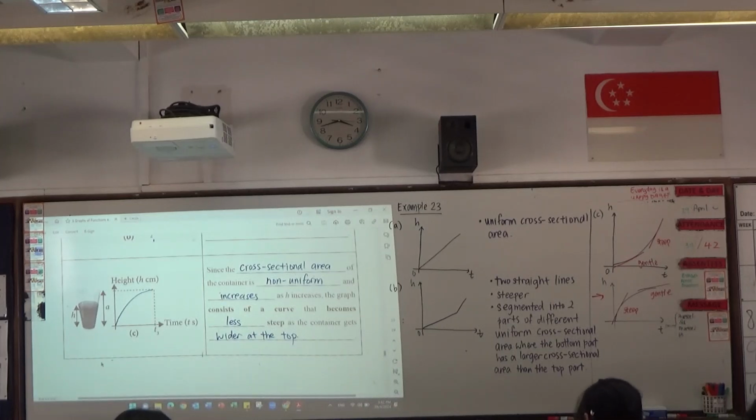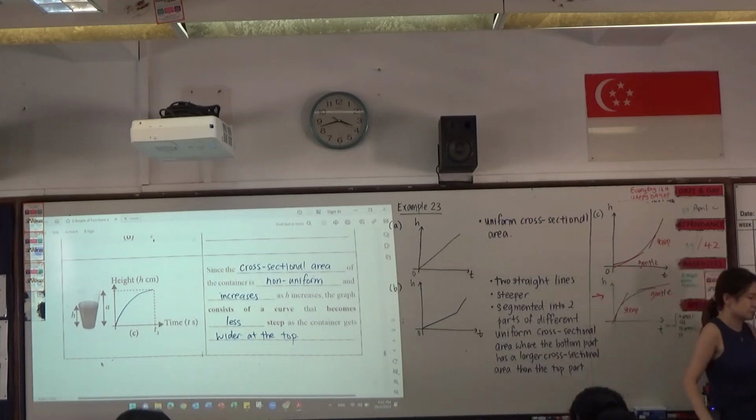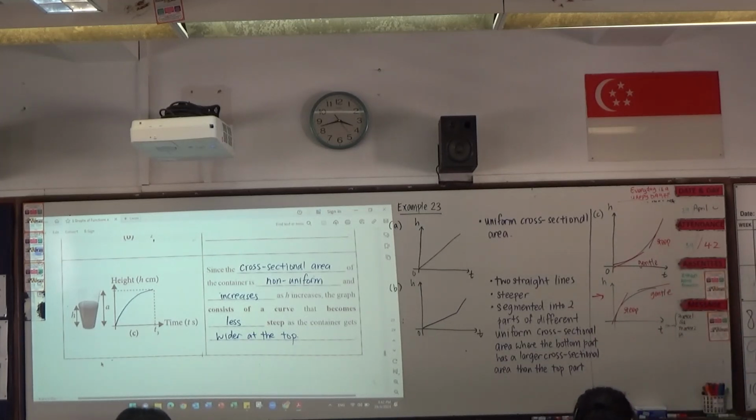I hope that this convinces you in terms of the logic aspect, rather than having to always memorize, because there will always be too many diagrams.